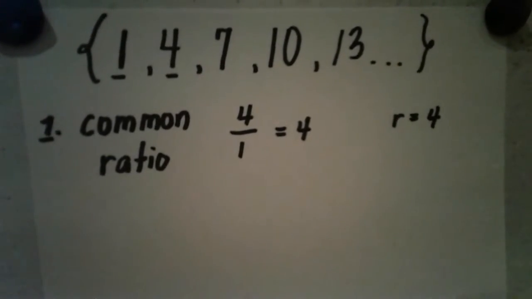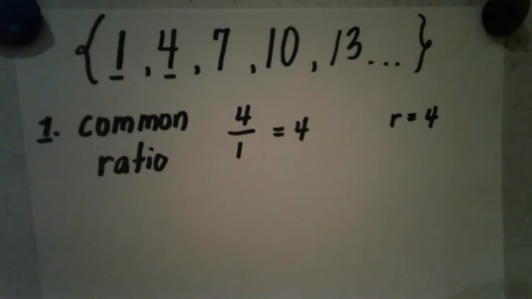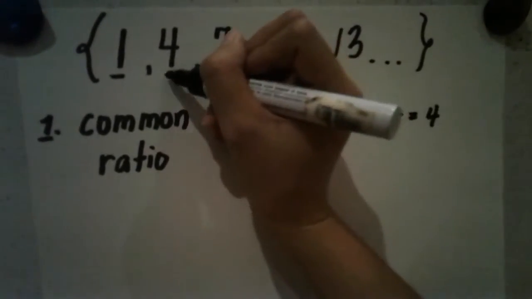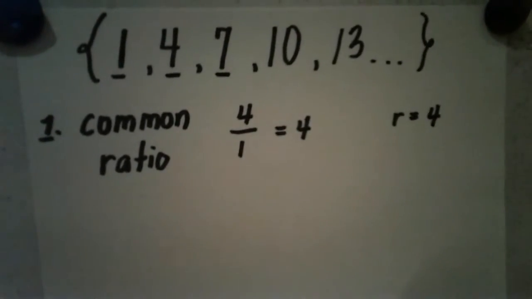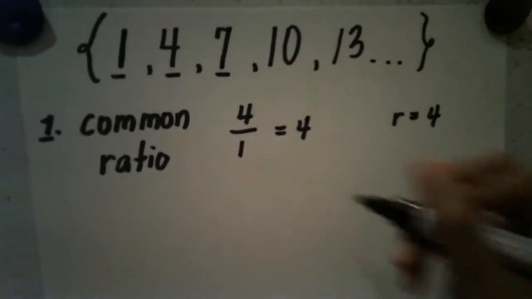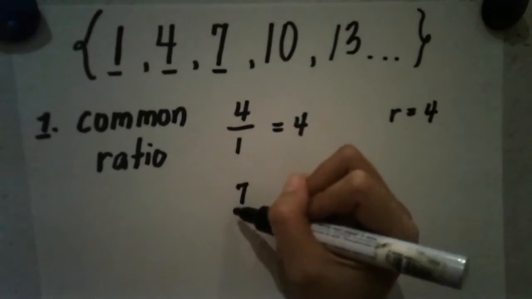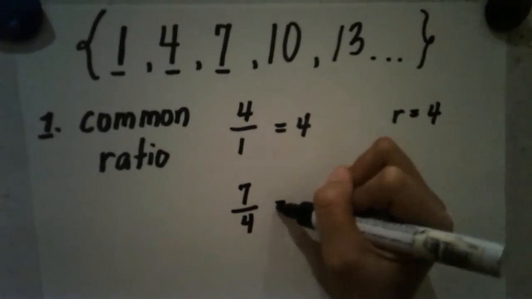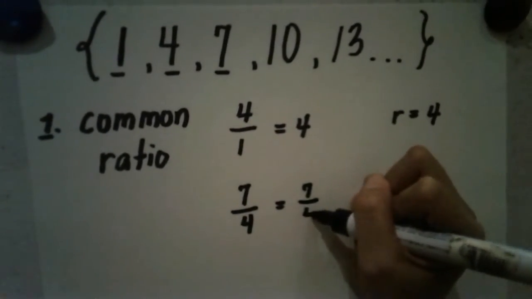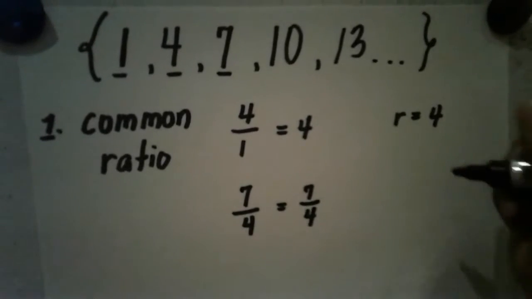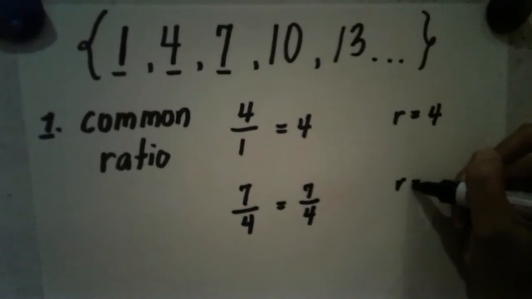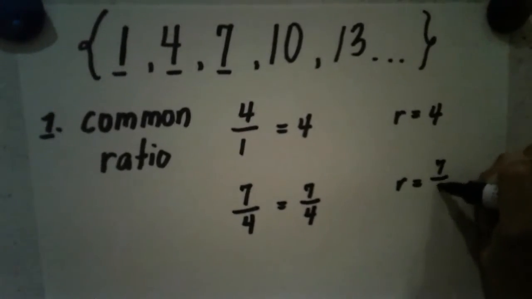So let's take a look at the next set of consecutive terms, and that is 4 and 7. We find the ratio by taking 7 and dividing it by the term that comes before it, and that is 4. And our answer is 7 over 4. So now we have our second ratio, and it is 7 over 4.